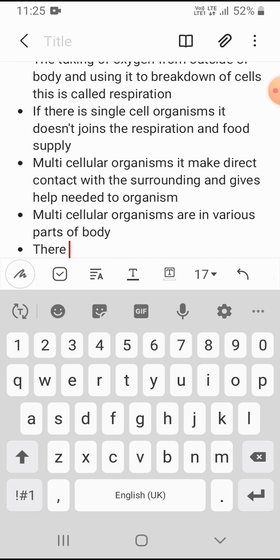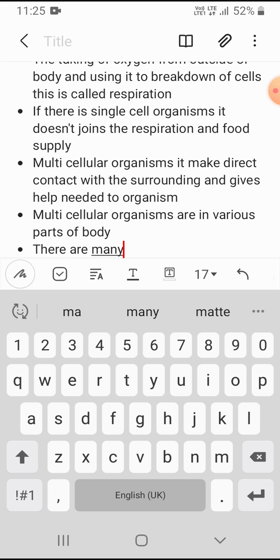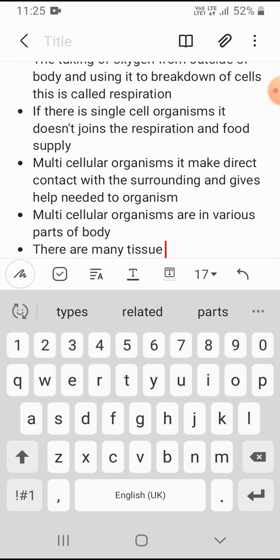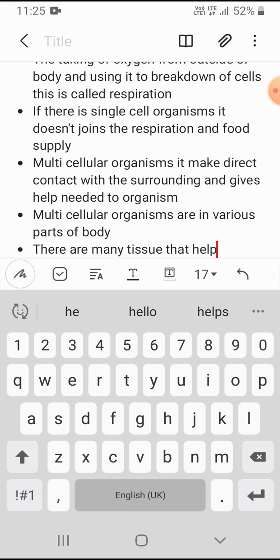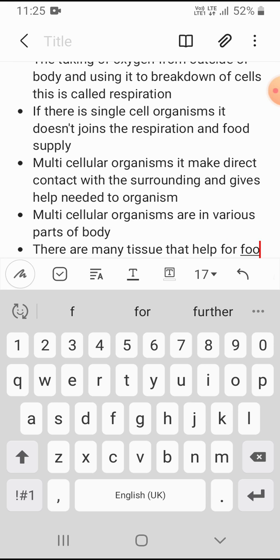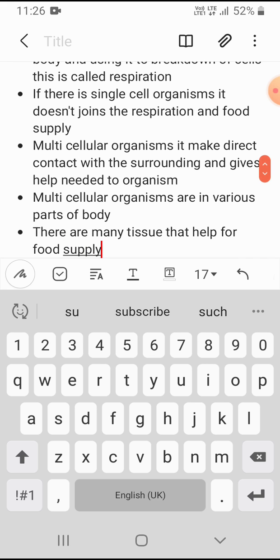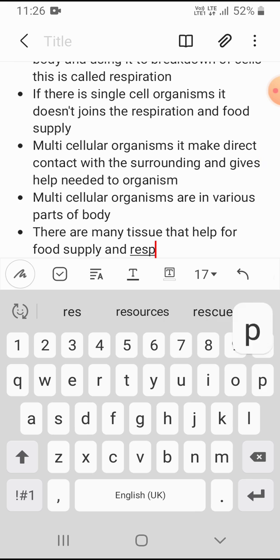There are many tissues. You may have learned that tissue is the functional and structural unit of cells. There are many tissues that help with food supply and respiration in the body.